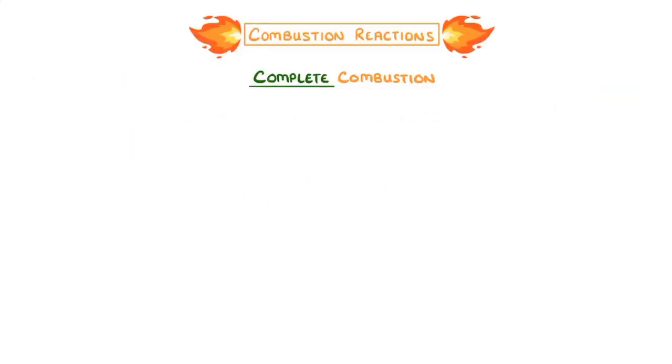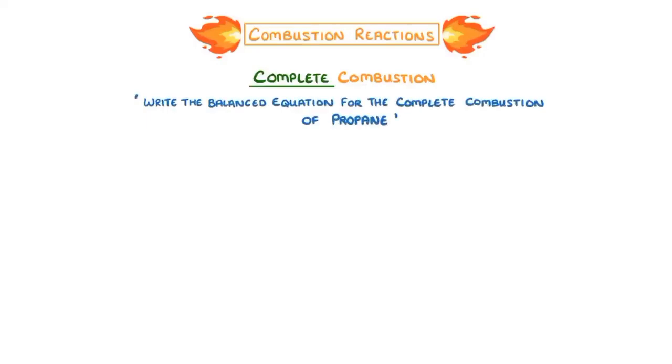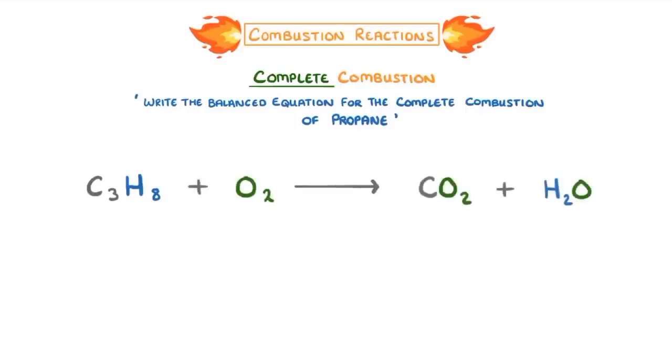Now, when it comes to exams, you need to be able to write out the equations and balance them. For example, you could be asked to write the balanced equation for the complete combustion of propane. We saw earlier that propane is C3H8, so we'll react this with O2 to form CO2 and H2O.